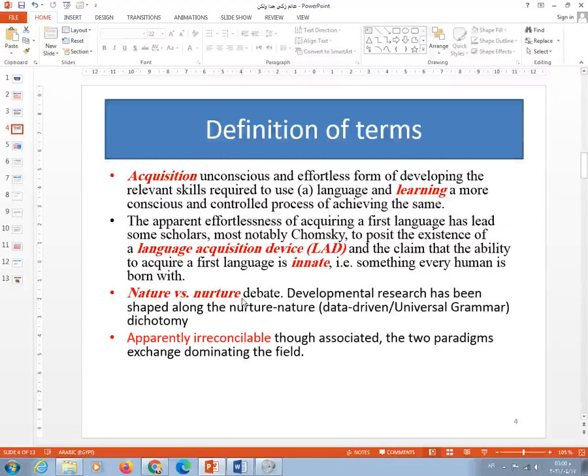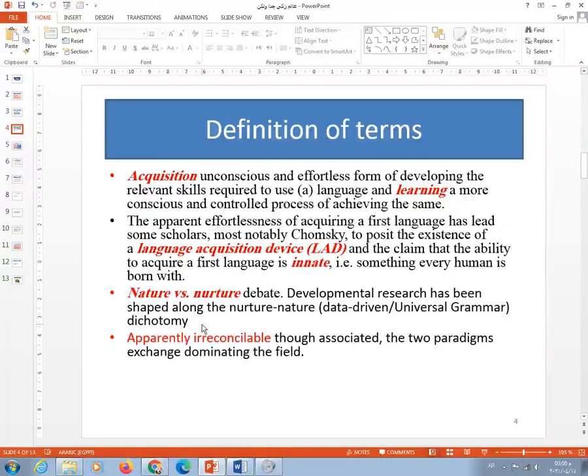And between these two poles, we find that there have been some intermediate paradigms which try to find a third way, combining the two dimensions, data driven on the one hand and universal grammar on the other hand.